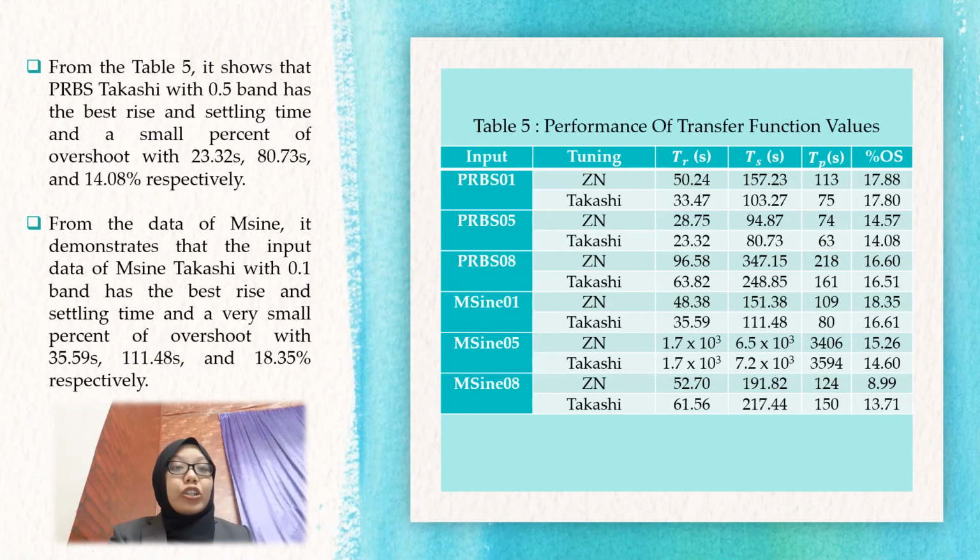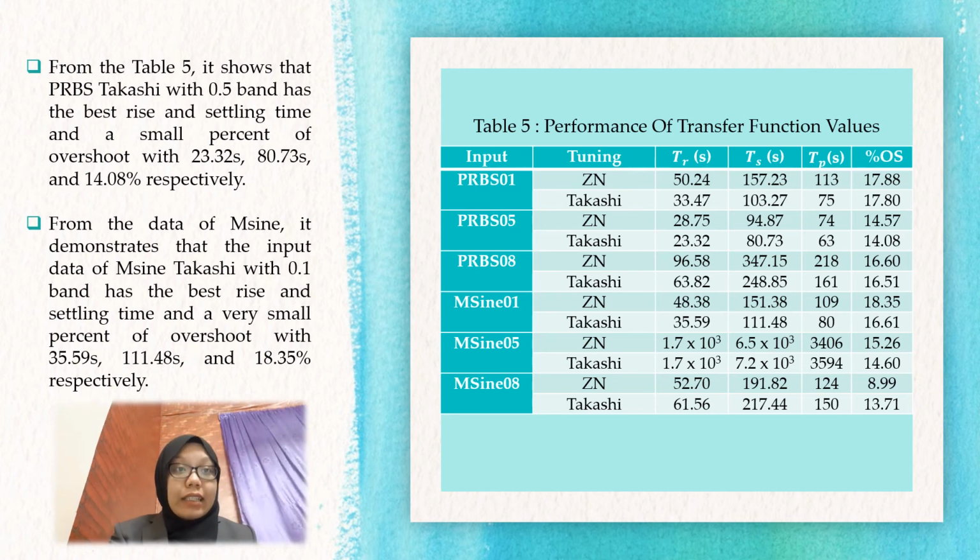This page shows table 5, the performance of the transfer function of each input data. From this table 5, it shows that PRBS Takahashi with 0.5 band has the best rise and settling time with 23.32 seconds and 80.73 seconds, and a small percentage of overshoot, which is 14.08%.